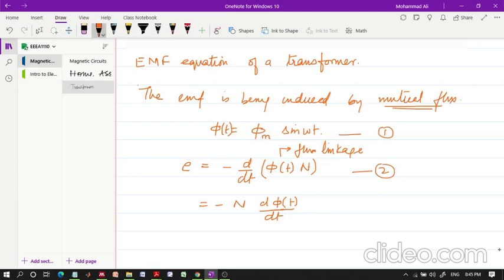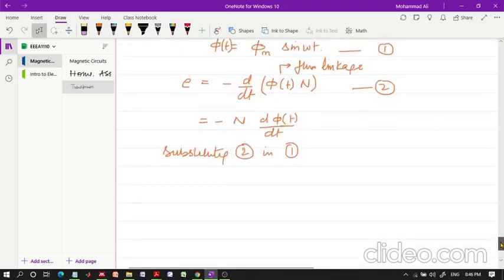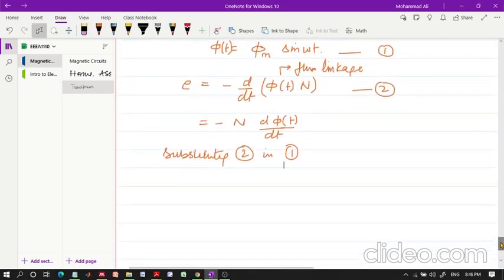Substituting 2 in 1, what will happen? I can write the equation of EMF as minus n d by dt of phi m sine of omega t. So far so good.